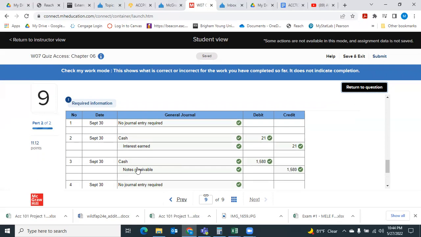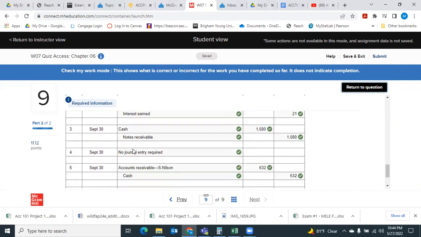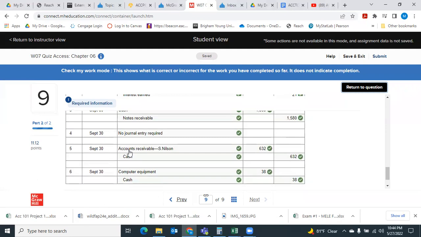The money on the deposit on the 30th, there's no journal entry required because that's already been in your books. And the money on the outstanding checks on the 30th, no journal entry required because it's already in your books. And then we're going to have this non-sufficient funds check, which we always handle by debiting accounts receivable because the customer now owes us since their check didn't clear, and our cash going down, so a credit to cash.